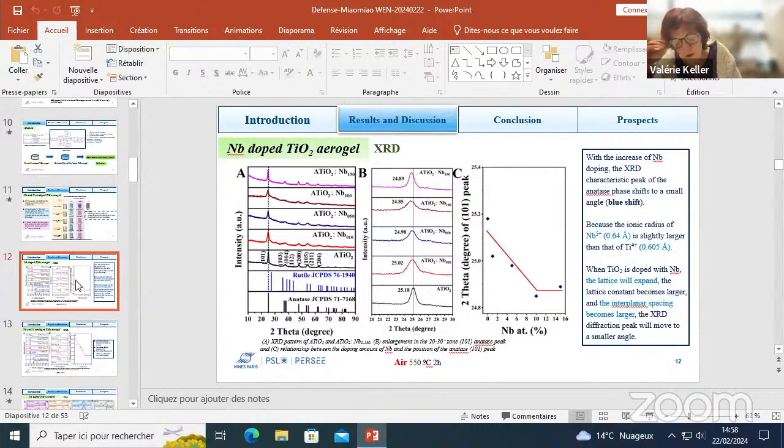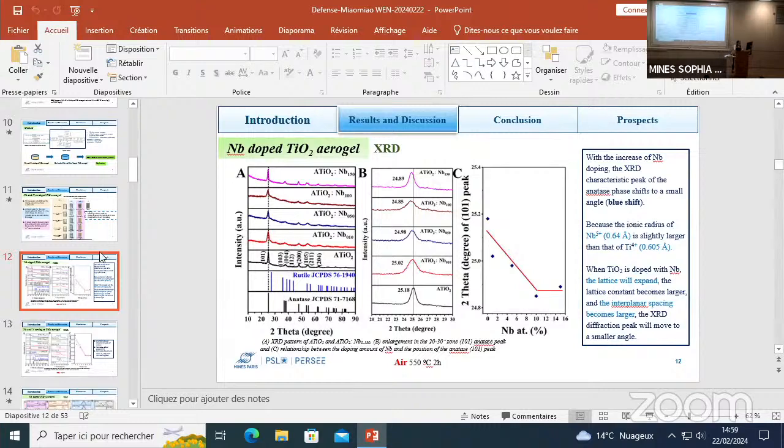You observed also that you probably increase the volume of your lattice by doping. Yes. In my report, I mentioned the fact that it could have been interesting to follow the evolution of the crystallite size after doping.